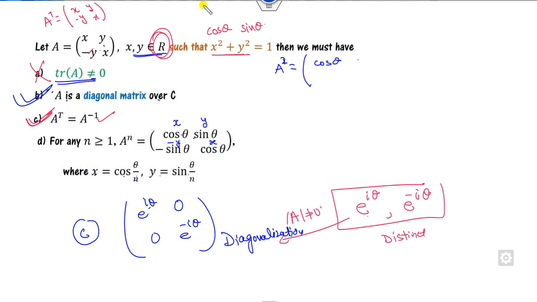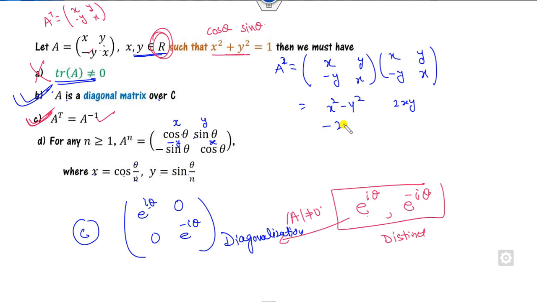So if I simply take it as x, minus y, y, x, times x, minus y, y, x, it will be x square minus y square, 2xy, minus 2xy, x square minus y square.